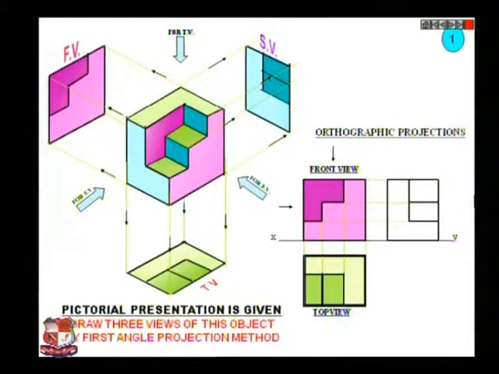So if you look from the side, this is the side view, and put appropriate types of lines in this side view, and this is a left hand side view of this object, as we are looking from the left side of this object.